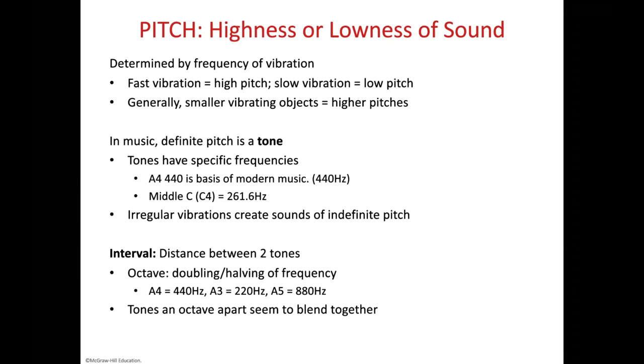Okay? So the octave is always a doubling, and they sound really good together. There are also other intervals that sound really good together, right? So the octave here sounds great. If I go almost the middle of that to what we call a perfect fifth, those sound really good together.